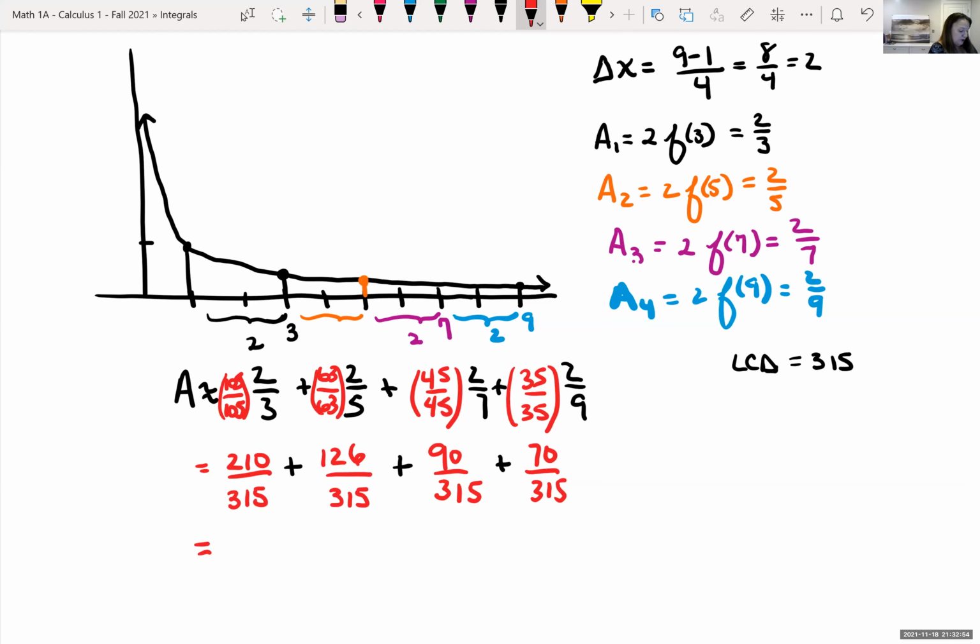Okay, so summing up our numerators, 210 plus 126 plus 90 plus 70, that's 496 over 315, which is 1 and 181 over 315. So this is approximately what the area is, whatever unit squared it is.